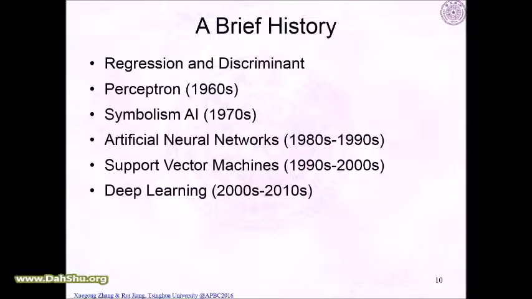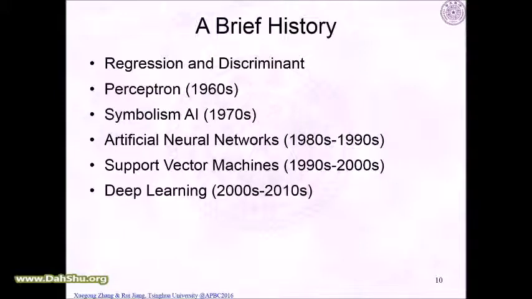Then some people realized its difficulties, and most of the artificial intelligence people turned to so-called symbolism artificial intelligence. They tried to represent all human knowledge in symbols and use symbolic logic to do machine inference for machine translation or other tasks, such as expert systems.